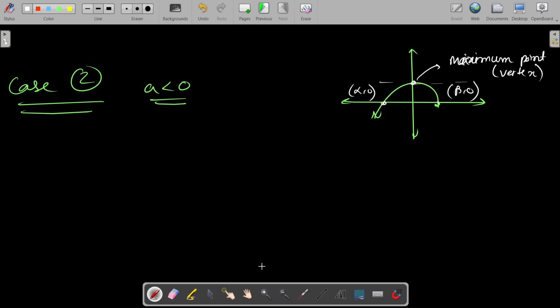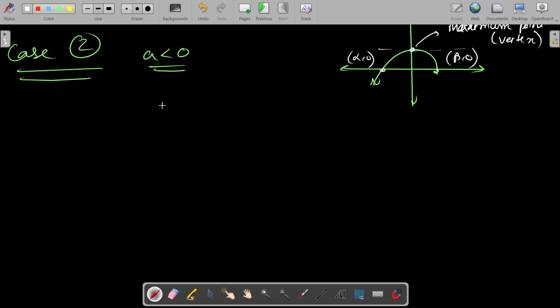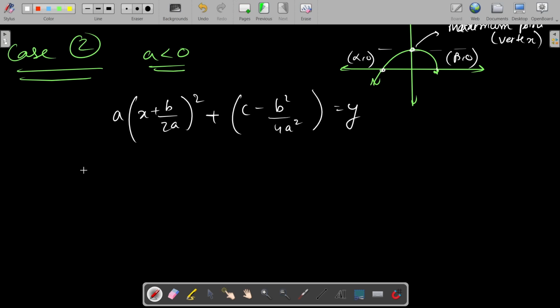So we'll use the same approach, but the thing is that when we write a, x plus b by 2a whole squared, plus c minus b squared by 4a squared is equal to y. When we write this, this term is going to be negative always.